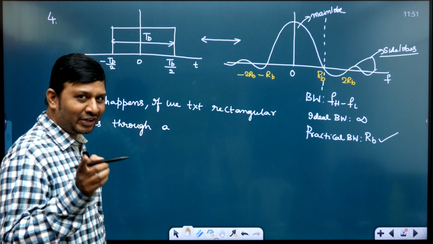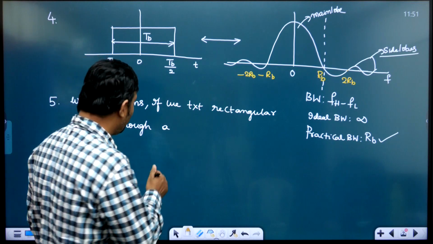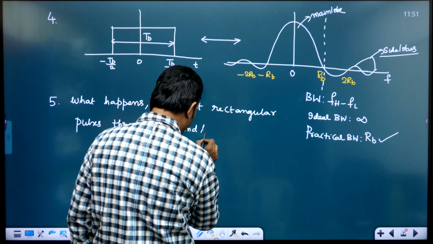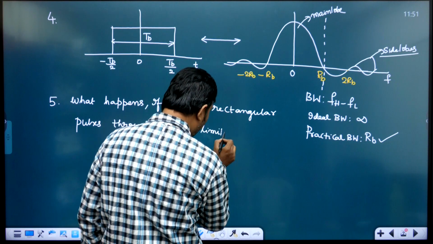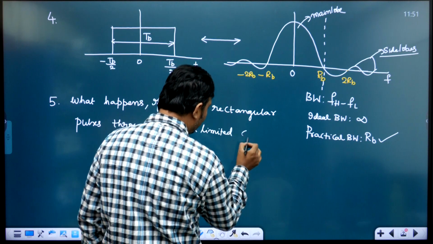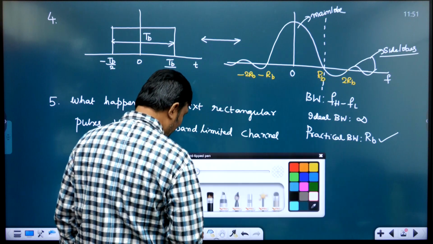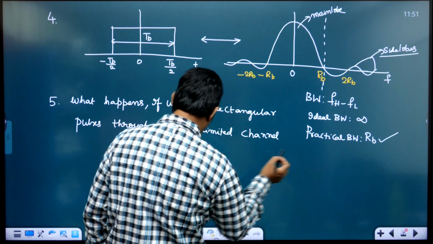I am going to use one more word: band limited channel. This word plays a major role in the case of intersymbol interference. What is that word? Band limited channel.